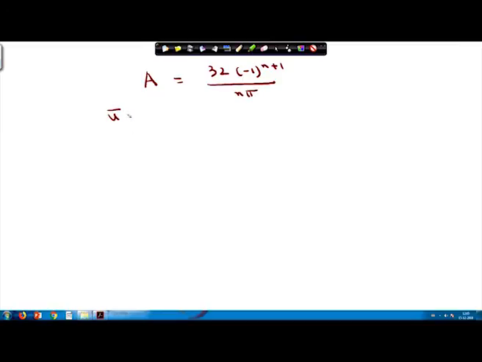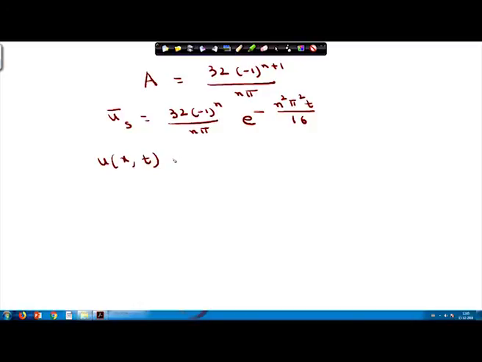If I substitute the value, I obtain u bar s equals 32 into minus 1 to the power n plus 1 by n pi into e power minus n square pi square t divided by 16. So, once I have obtained u bar s in terms of t, now I can write down u(x, t).